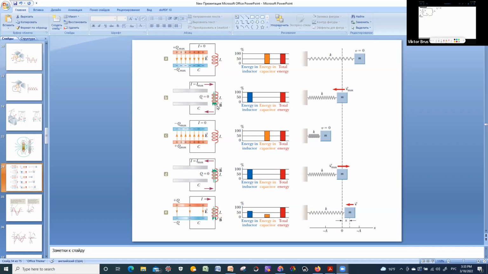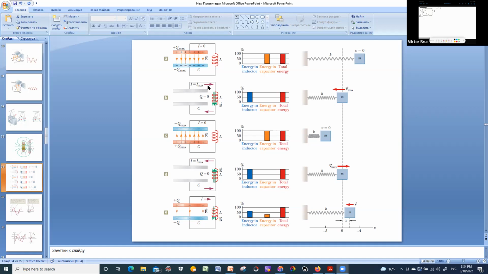So in the process of discharging, when all charge is gone from the capacitor, electric current in the circuit reaches its maximum value. This means that the energy accumulated in the inductor in the form of magnetic field also reaches its maximum value.